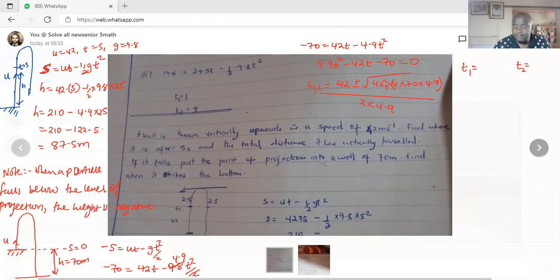Someone give me the answer. You are solving 4.9t squared minus 42t minus 70 is 0.